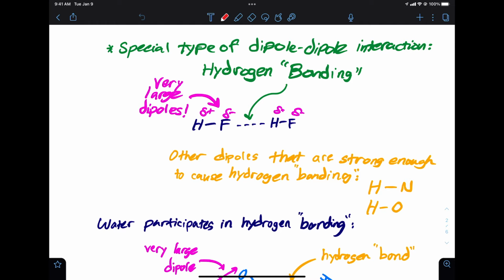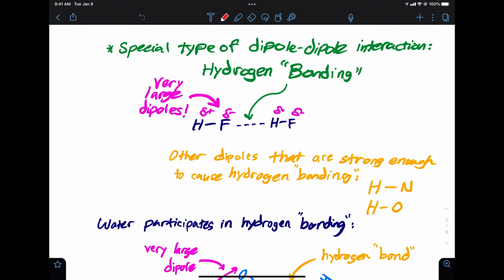It's so strong that at one point it was apparently considered to be a bond. So this is still a dipole-dipole interaction, but it's a special type because it involves interactions between the largest types of dipoles that you can get.